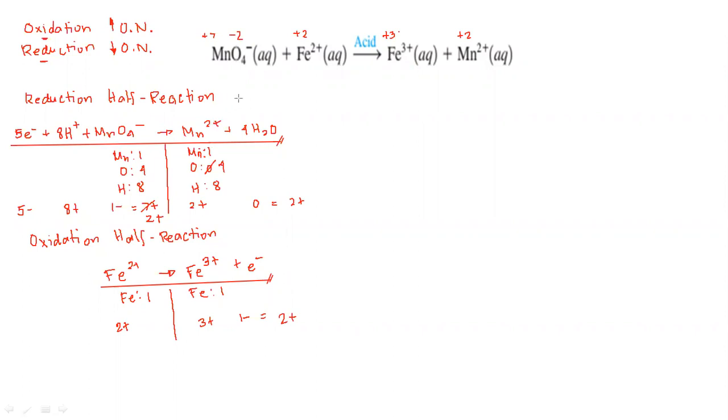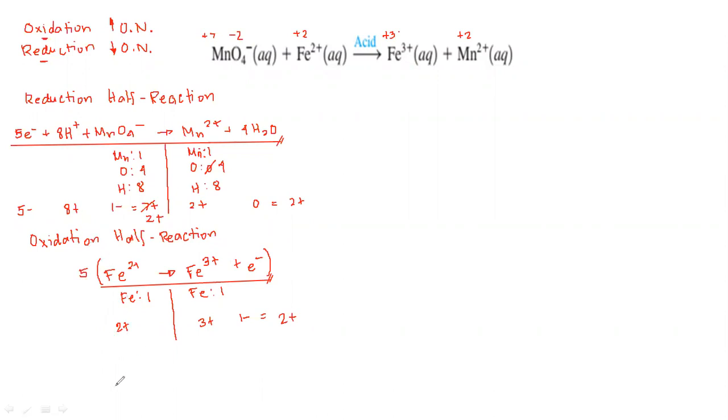Now let's proceed to the third step, which is to multiply by integers to balance the number of electrons in each half reaction. Since in the reduction half reaction we have 5 electrons, and in the oxidation half reaction we have 1 electron, we need to multiply the oxidation half reaction by integer 5.